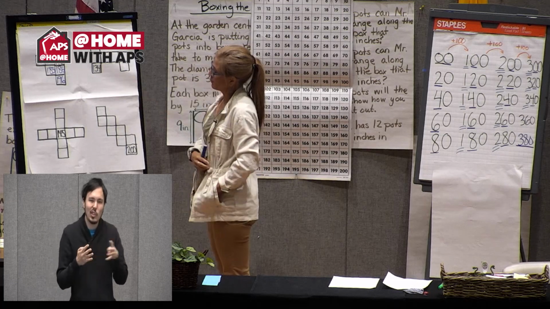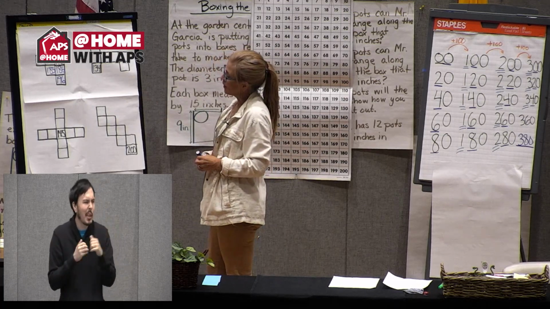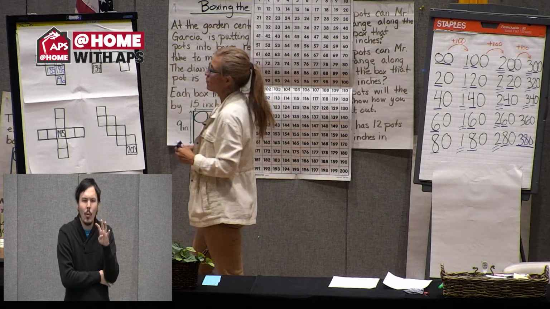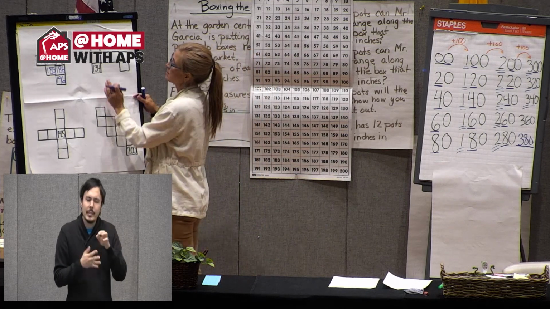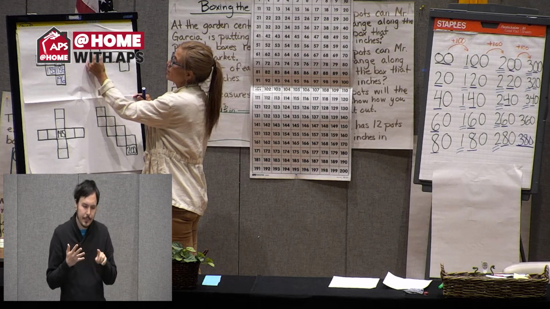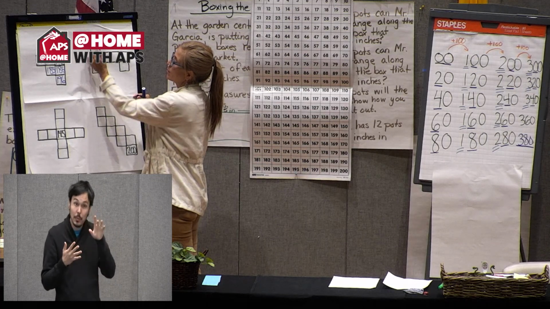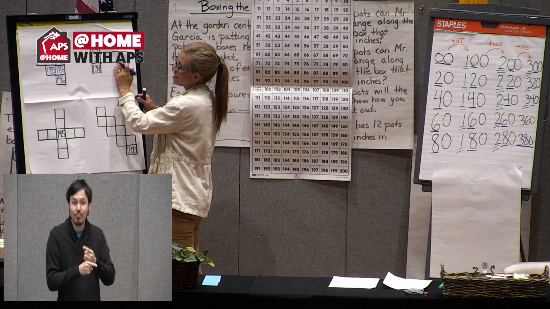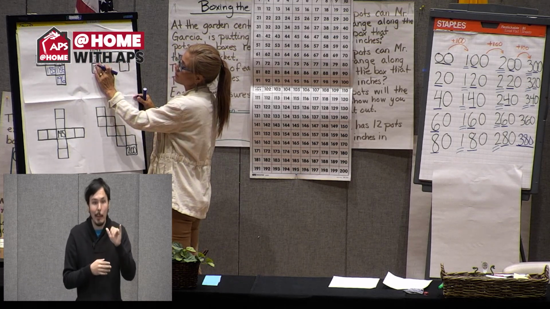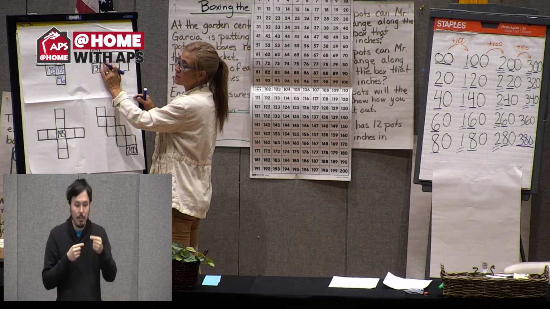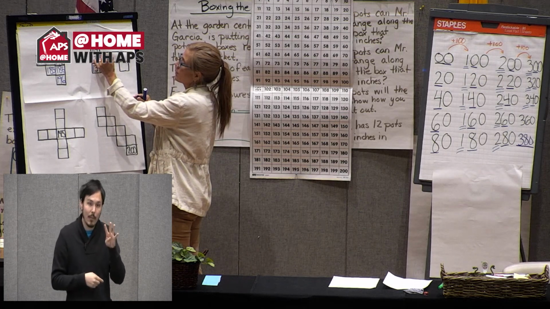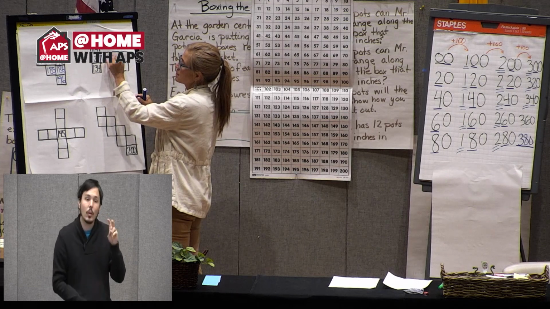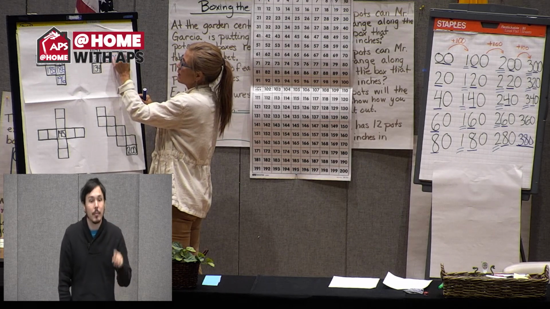What about this one over here? 134. What's before 134 if we're going backwards by tens? 124. 114, exactly. But now we would have to count by ones going forward, right? 124, what's next? 125, exactly. 126. 127.